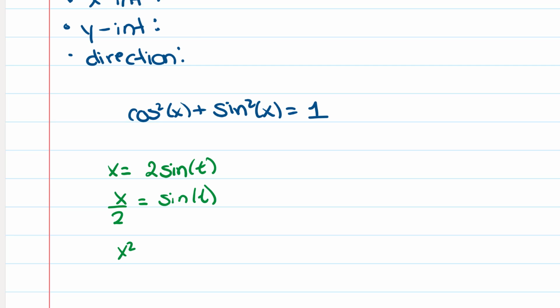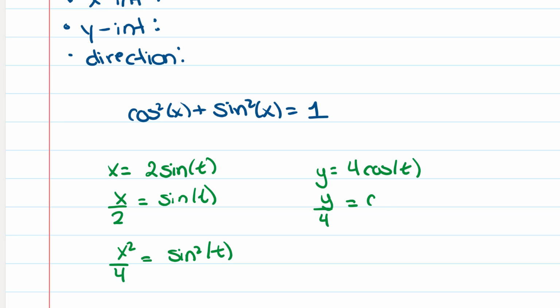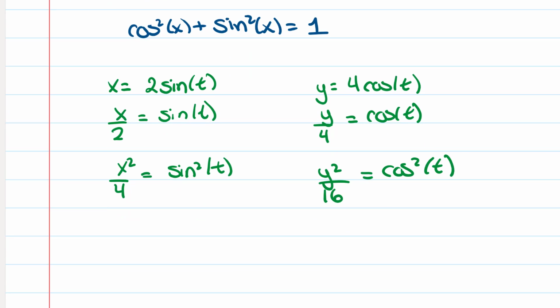So I get x squared over 4 is equal to sine squared. I'm also given that y is equal to 4 cosine of t. So I do the same thing. y divided by 4 is cosine. And then I can square both sides, and I get cosine squared. Then I'm just going to substitute that back into my equation. So I get y squared over 16 plus x squared over 4 is equal to 1.